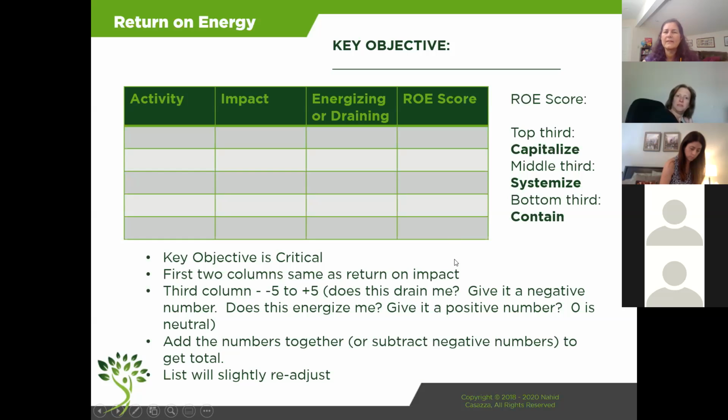What this takes into account is not just which tasks are going to get you the best impact, but also whether certain tasks are more draining than others. The best example I can come up with is applying it to a sales situation or a small business. My key objective is to bring in revenue.